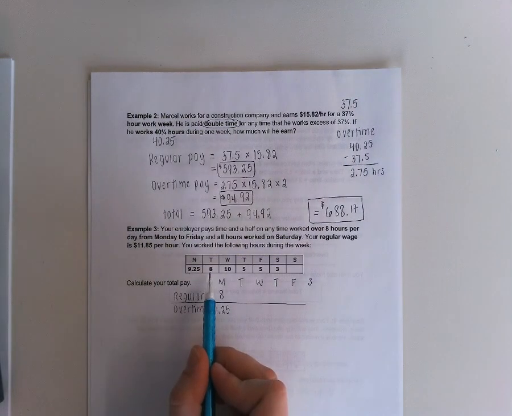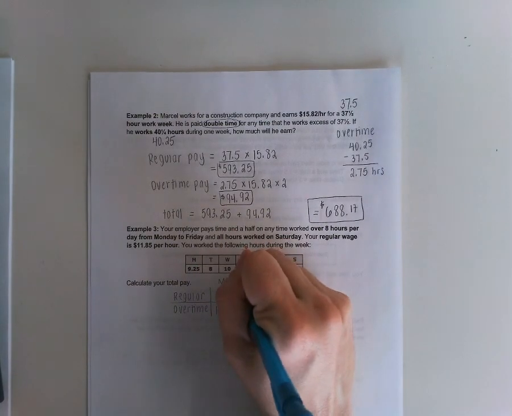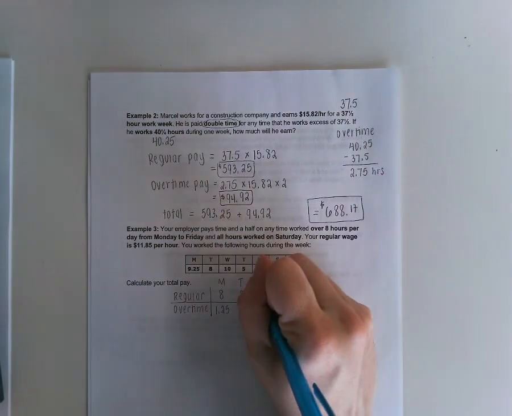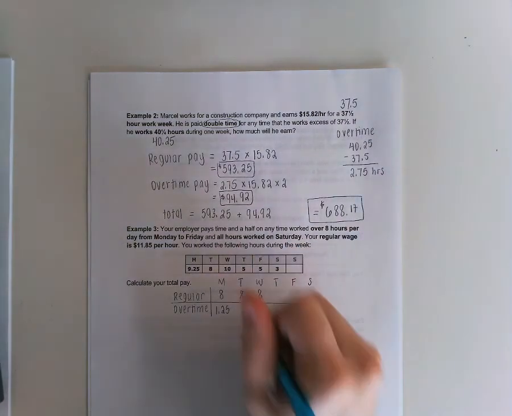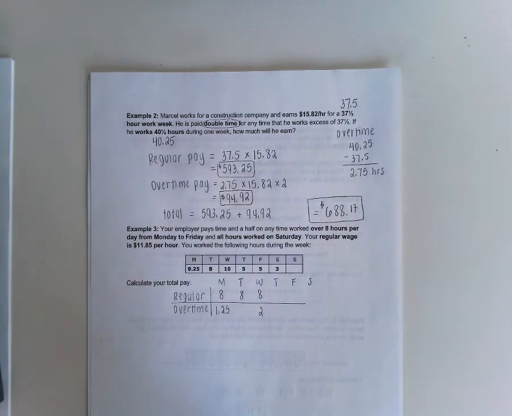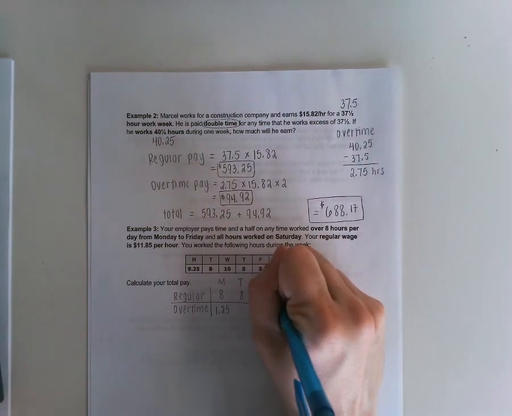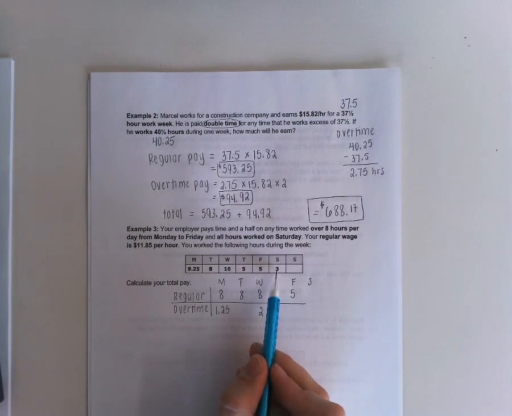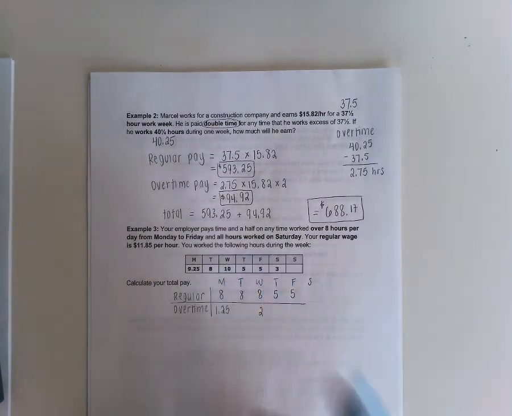On Tuesday, we worked 8 hours, so that's just regular pay. On Wednesday, 8 hours would be regular, but there's 2 hours of overtime to make a total of 10. On Thursday, it's only 5 hours, and Friday's only 5 hours, and then all hours on Saturdays are overtime.